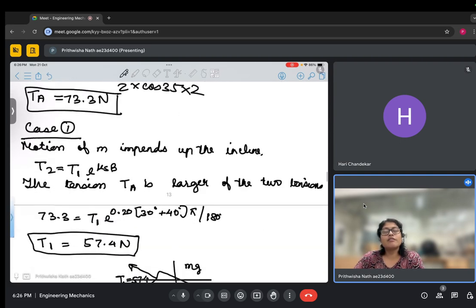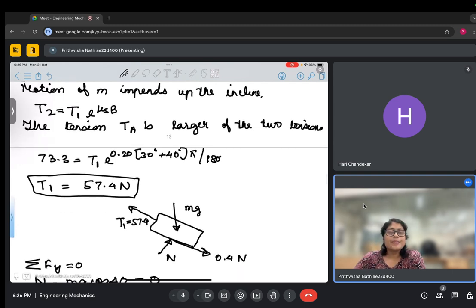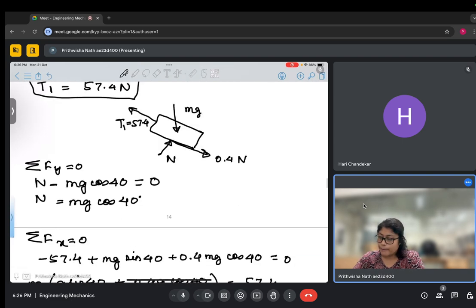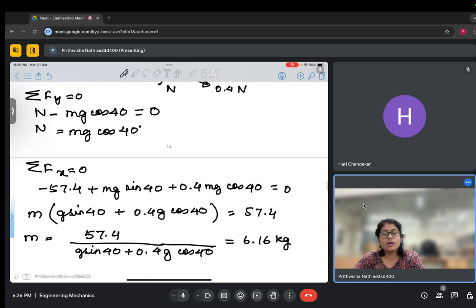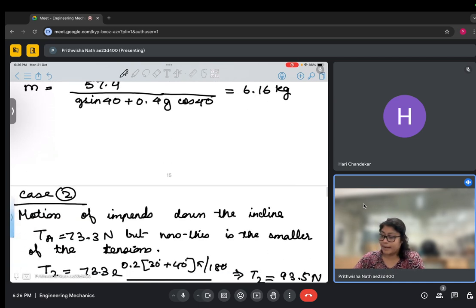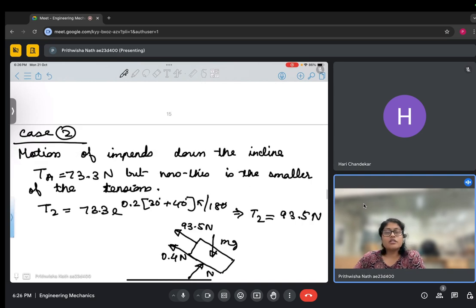Now for case 1, when the block is moving up the incline, the friction force will act in the downwards direction to prevent the motion. So we considered the equilibrium equations in x and y direction. By doing so, we found out mass to be 6.16 kgs. Similarly, for case 2, when the motion is impending downwards, the mass is moving downwards, the frictional force has to act upwards to prevent the motion.